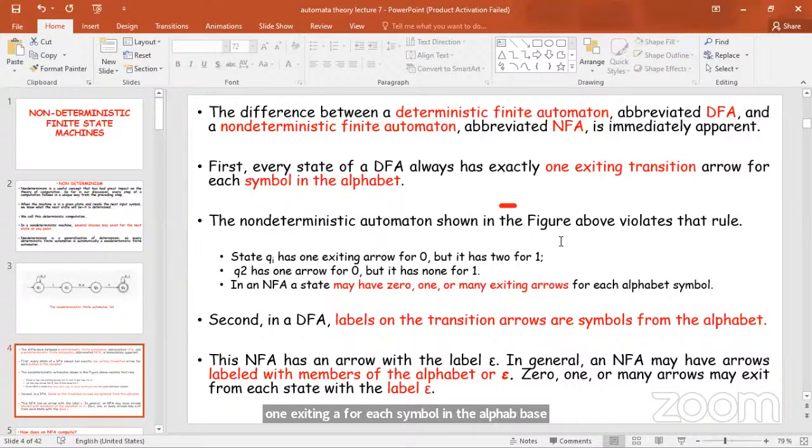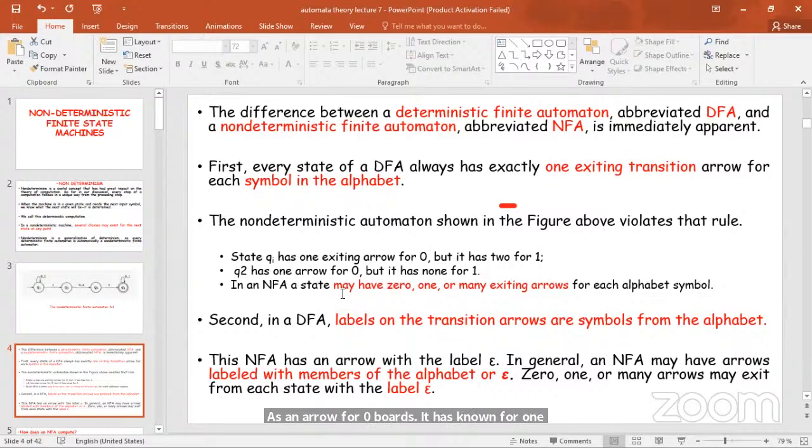The non-deterministic automaton shown in the figure above violates this rule. State Q1, which is the initial state, has one exiting arrow for 0, but it has 2 for 1. Q2 has an arrow for 0, but it has none for 1, right?